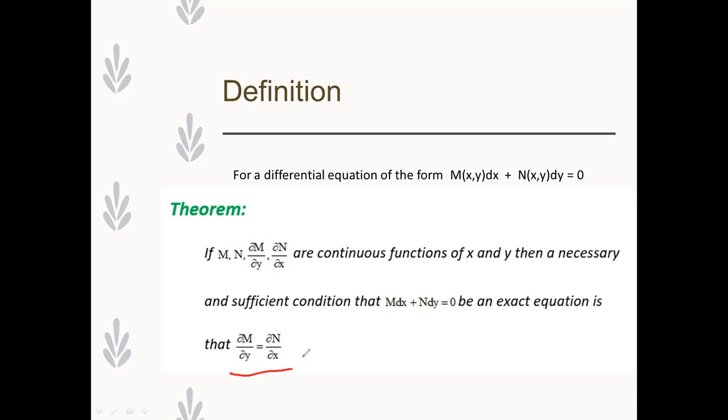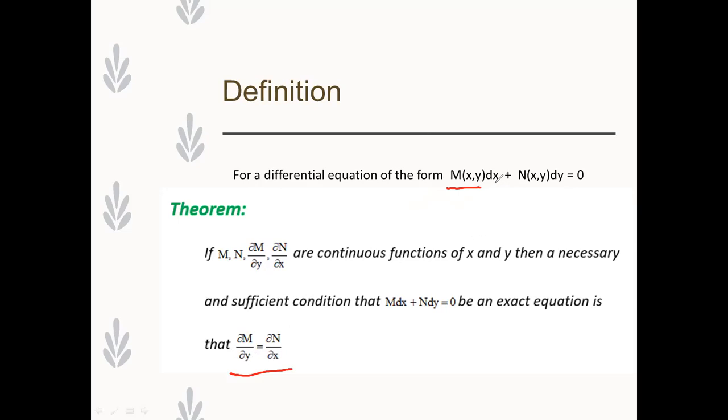So to test whether your DE is exact or not, it's important that you know how to partially differentiate a particular function or expression. So as you can see here, you will be getting the partial derivative of this M here. You're going to partially differentiate it in terms of y.